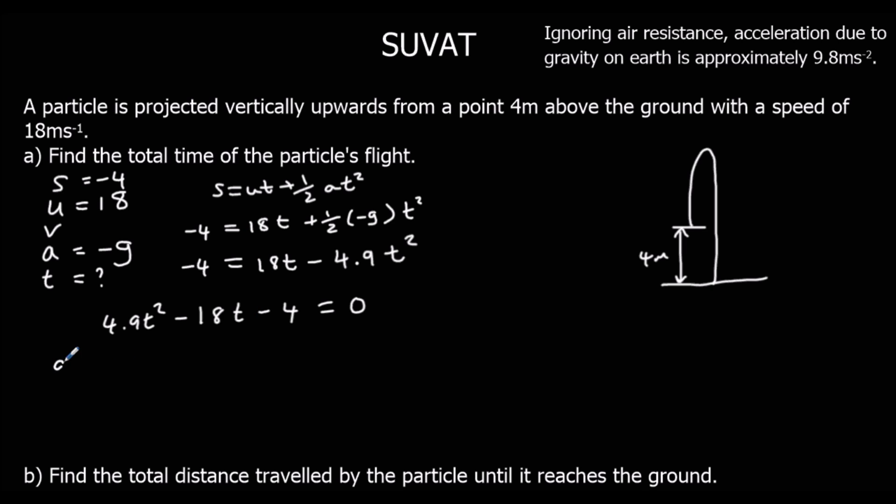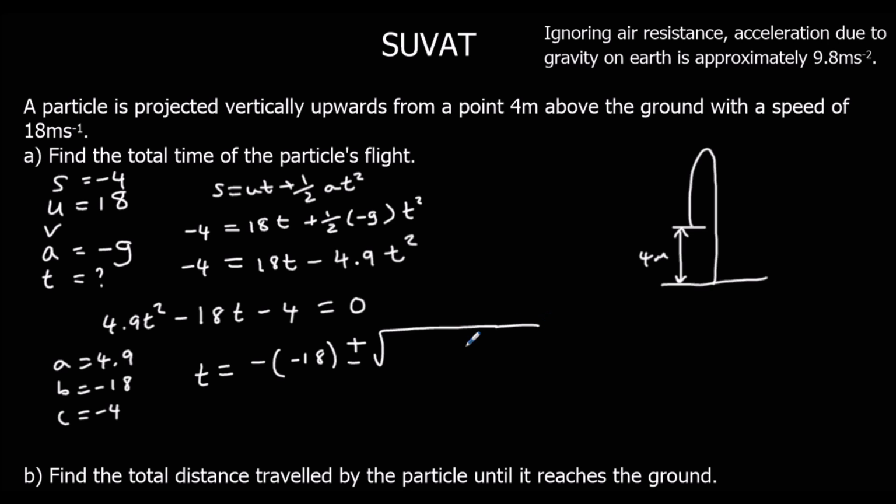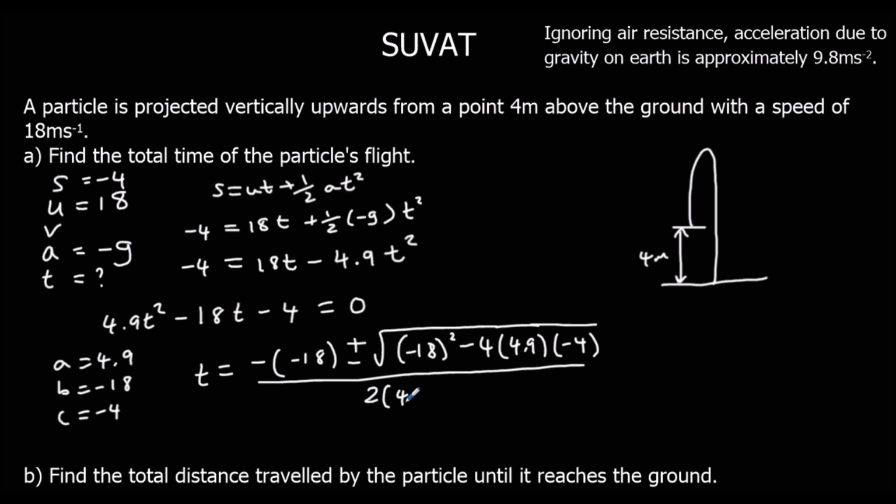So a is 4.9, b is negative 18, c is negative 4, and we'll substitute in, so t equals negative negative 18 plus or minus the square root of negative 18 squared minus 4 times 4.9 times negative 4, all over 2 times 4.9.